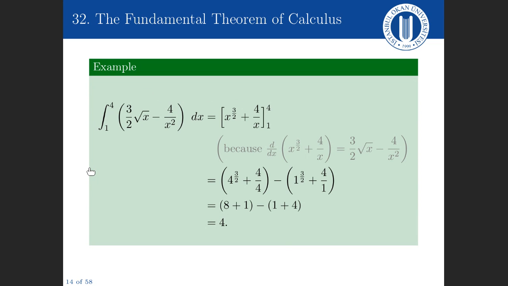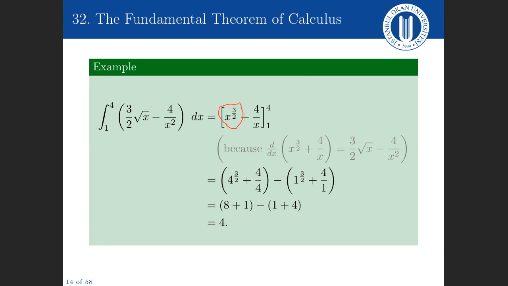One more. The integral from 1 to 4 of 3 over 2 square root of x minus 4 over x squared. We need an antiderivative of 3 over 2 square root of x. That's straightforward. x to the power 3 over 2 is an antiderivative of 3 over 2 root x.